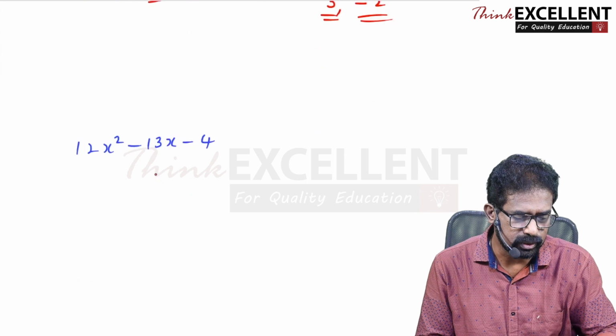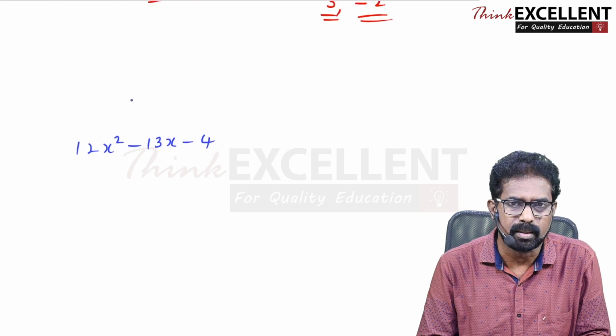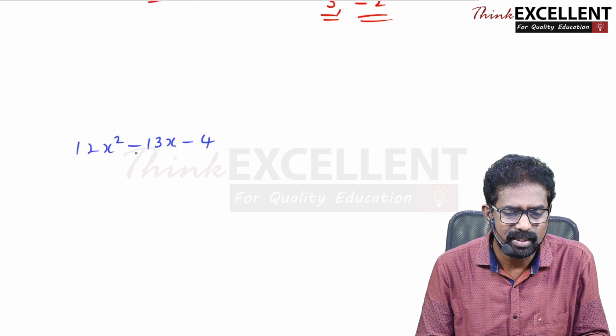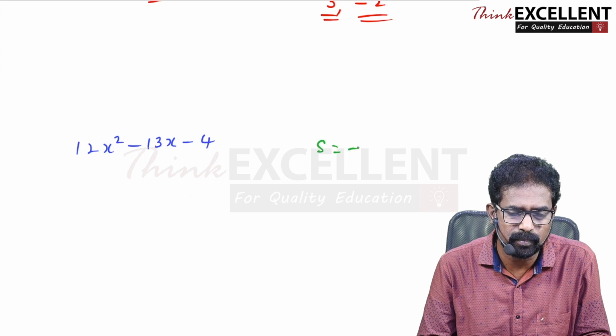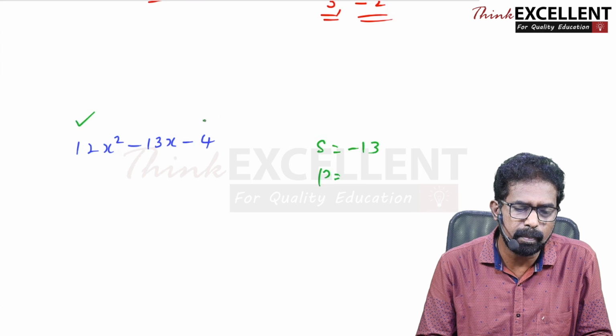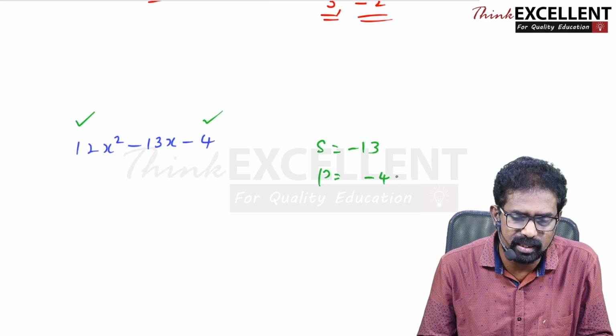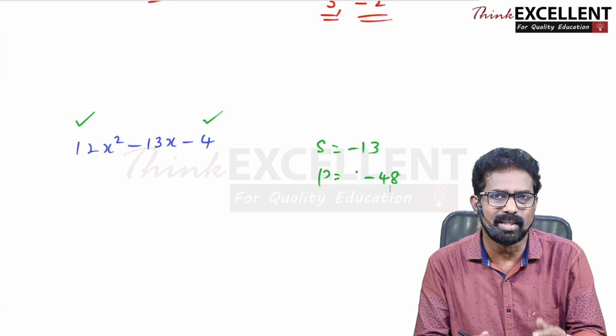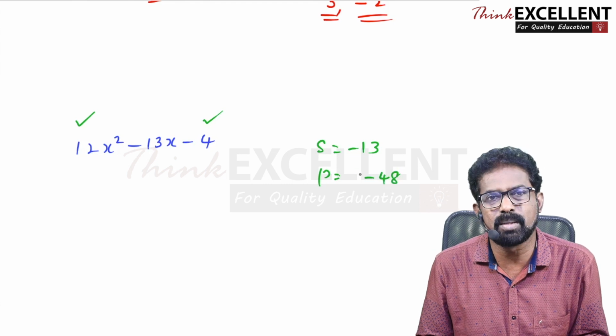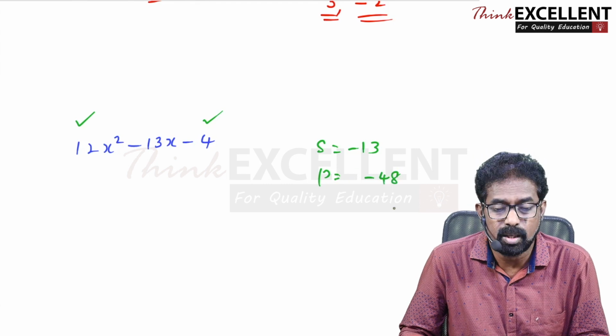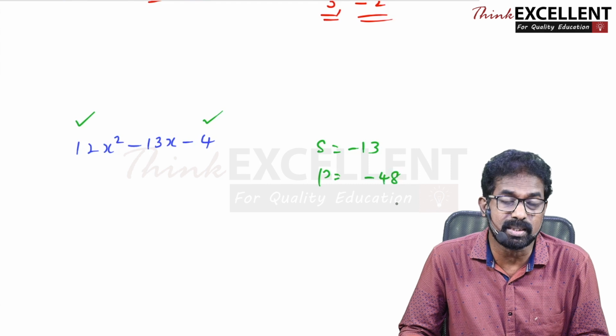Now look, another question. Not a direct one, right? Here sum is minus 13. Product is 12 into minus 4, minus 48. So a little bigger number, right? If you add two numbers, you have to get 13. So many ways there. Product is 48, only a few cases that you have to see.